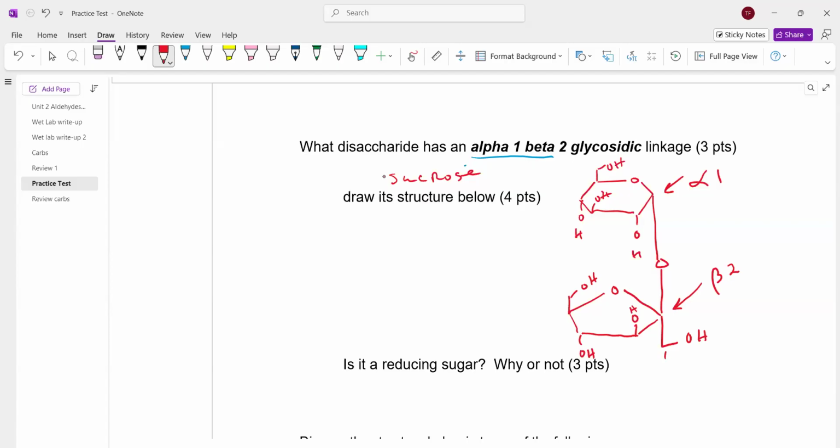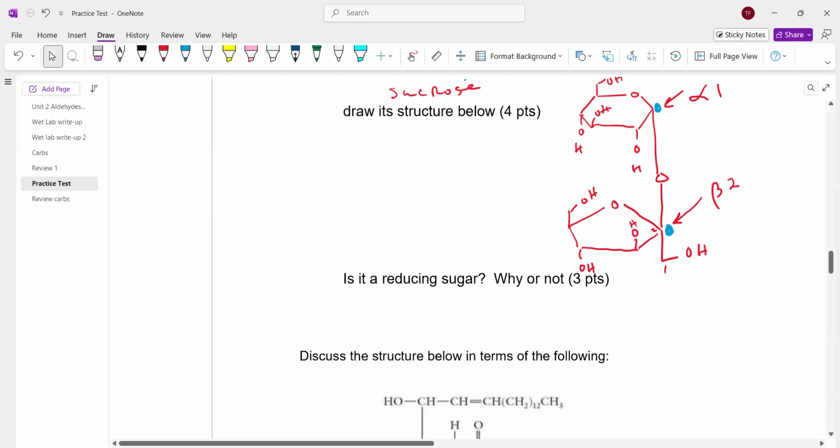So this is carbon number 1, carbon number 2. So the anomeric carbon with fructose is on carbon number 2. Let me back up. They're both hexoses, both have 6 carbons. The top one is a pyranose ring, which is 6-membered. The bottom one is a furanose ring, which is 5-membered. Okay, so this is what good old sucrose looks like.